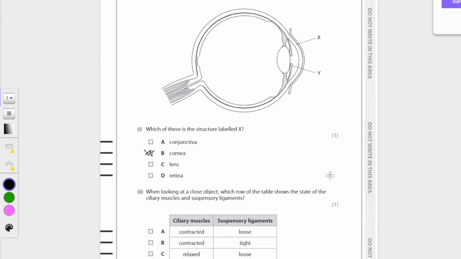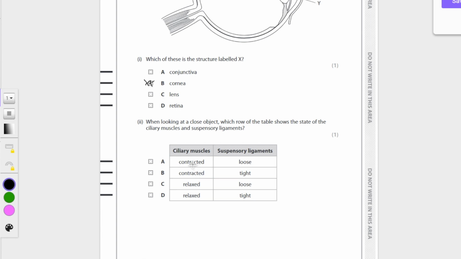When looking at a close object, which row of the table shows the state of the ciliary muscles and suspensory ligaments? Very important unit. Okay, let's have a look. Process of elimination. The options are contracted and loose, contracted and tight, relaxed and loose, relaxed and tight.